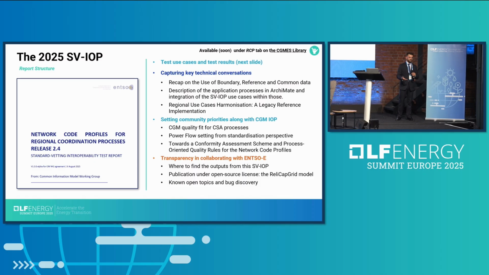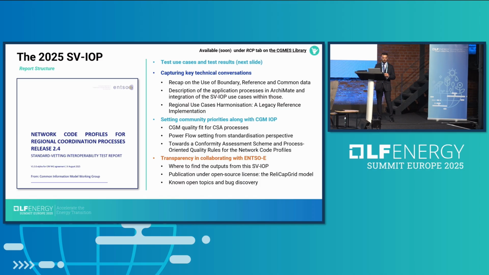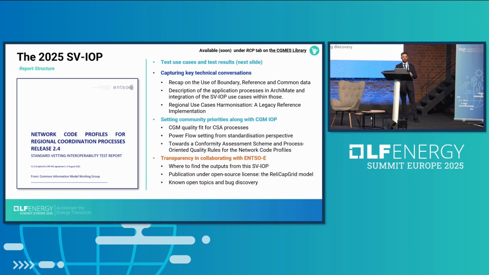And I cannot emphasize enough how much it helps just to have a direct conversation in person. Conversations such as how do I use the boundary, how do I define the metadata, what use ENTSO-E wants to give to the reference data, common data. It is all in there. I really recommend you go have a look. At least it will clarify some doubts you might have.